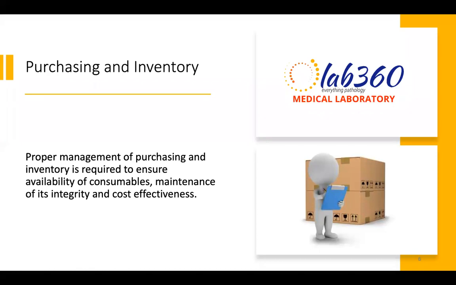Because of course, if you're producing results from bad reagents, definitely you'll be getting bad results. So it's very essential that the consumables used within these machines are viable, so that every result being produced is of high standard and could be relied upon.